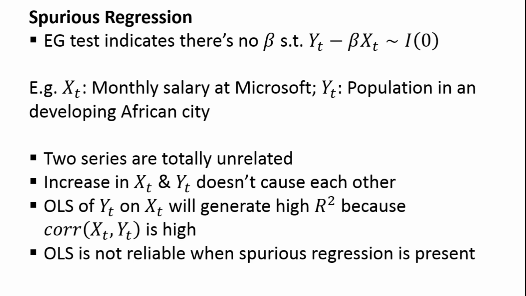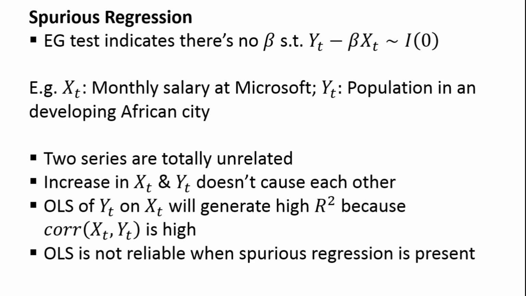We have an example: xt is the monthly salary at Microsoft, and yt is the population series in developing countries. The two series are totally uncorrelated. There is no possible relationship between monthly salary at Microsoft and the population in a developing country, for example a developing African city.